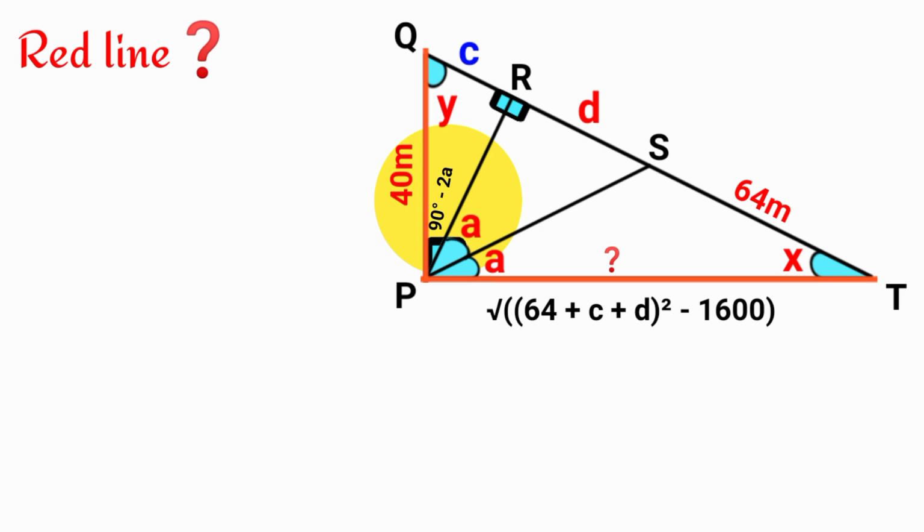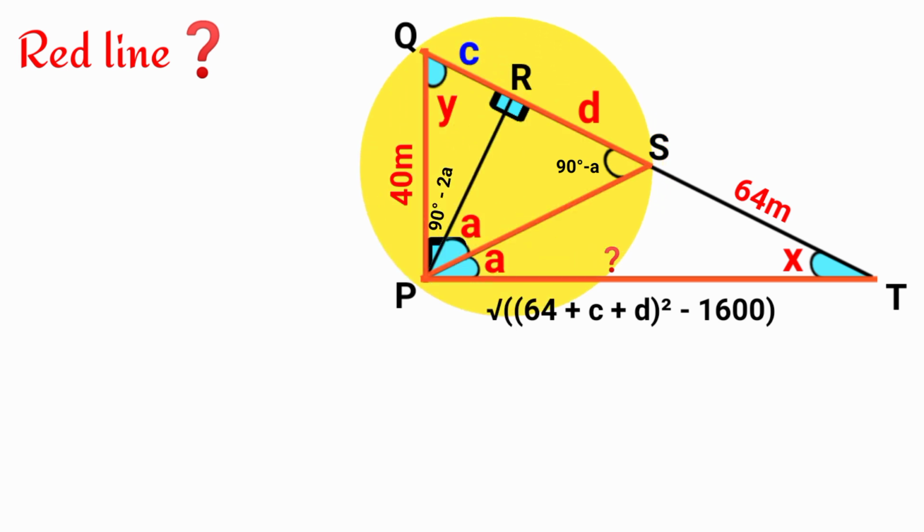Look at this triangle PRS. It is a right angle triangle, and we have the size of this angle to be A. Based on the rule that the summation of angles in a triangle is 180 degrees, this angle must be 180 minus 90 minus A. 180 minus 90 degrees is 90 degrees. So the angle is 90 degrees minus A.